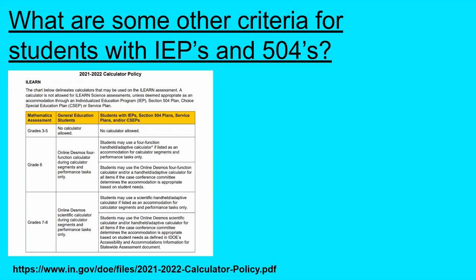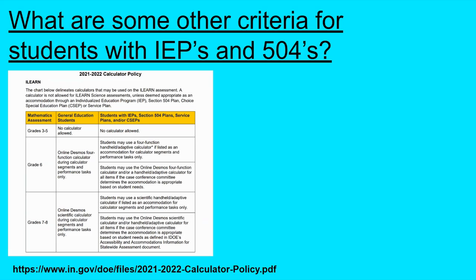They may also be able to use the online Desmos four-function calculator and or a handheld adaptive calculator for all items if the case conference committee determines the accommodation is appropriate based on the student's needs. In grades 7 through 8, students may use a scientific handheld adaptive calculator if listed as an accommodation for calculator segments and performance tasks only.